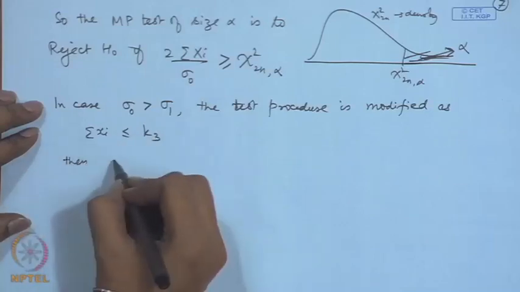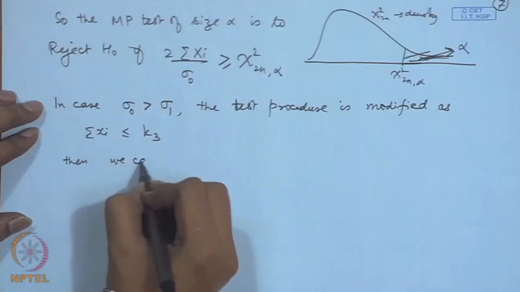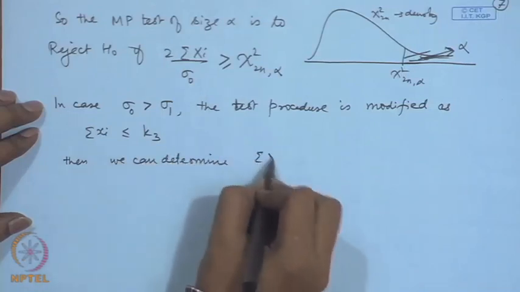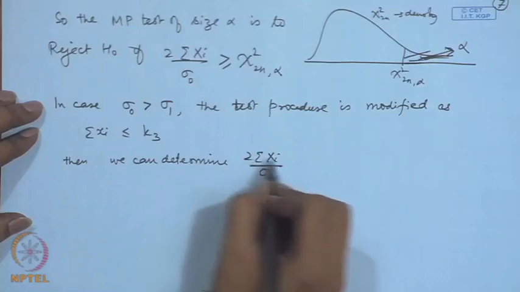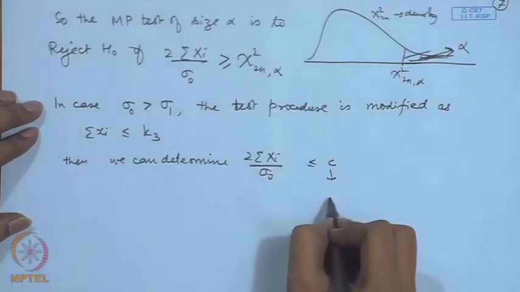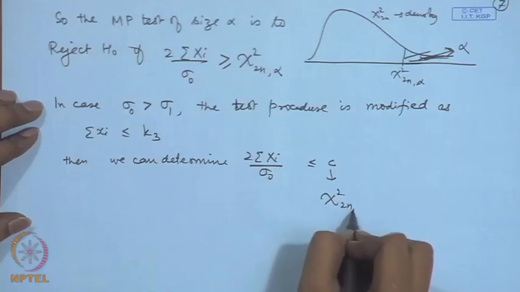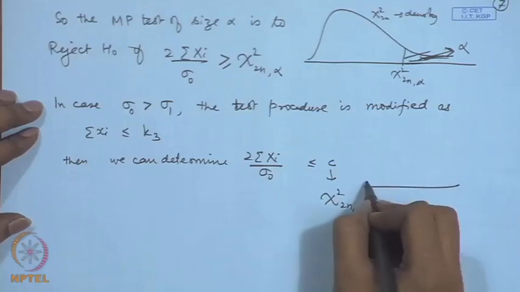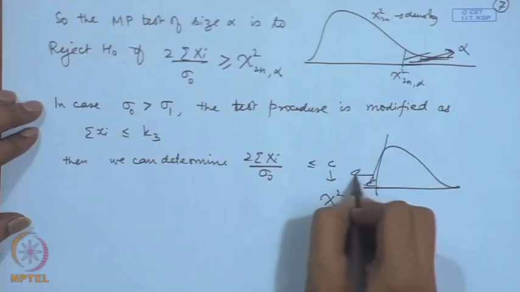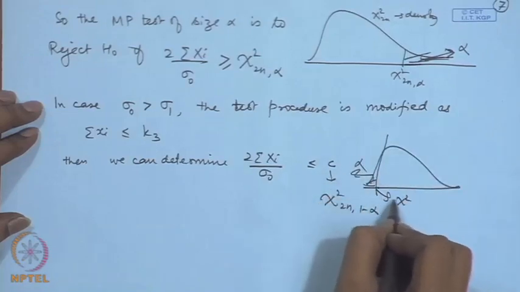Then we can determine twice sigma X_i by sigma naught less than or equal to say c. So, c will become then equal to chi-square 2n 1 minus alpha, because now this is the left handed point here, this probability is alpha. So, chi-square 2n 1 minus alpha here.